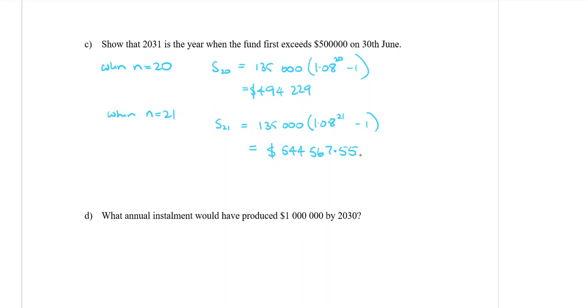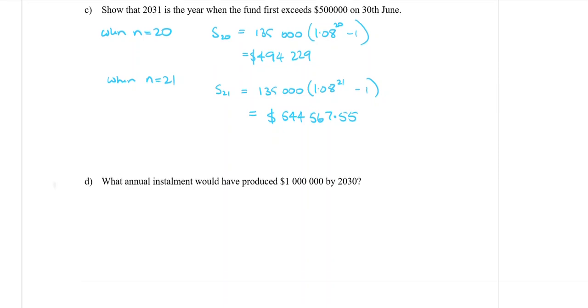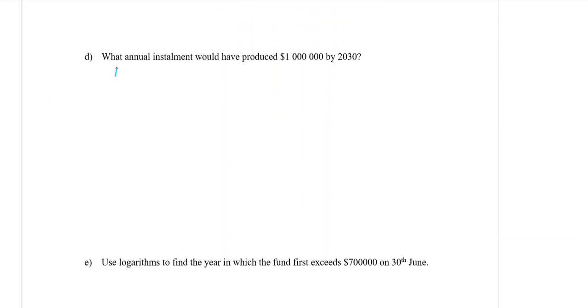Okay? Part D. What annual installment would have produced $1 million by 2030? This means we're no longer depositing $10,000. We're going to change that investment to make sure we end up with the final amount of $1 million that we're after. So let's start again with our series. I'm just going to squeeze it in up here at the top.